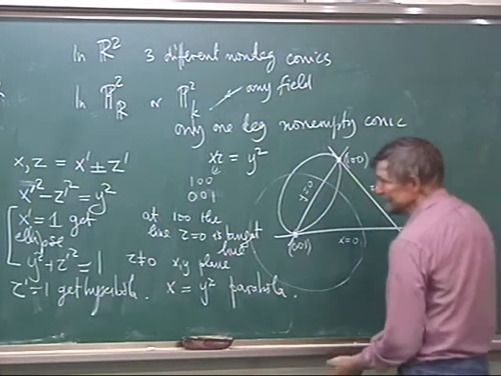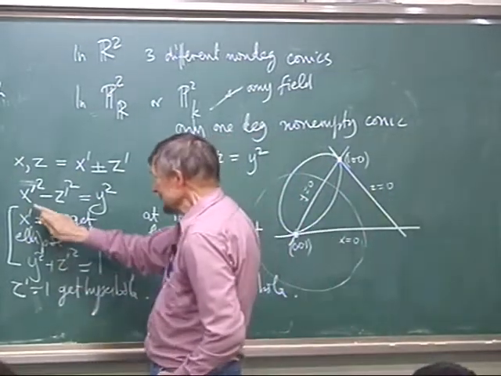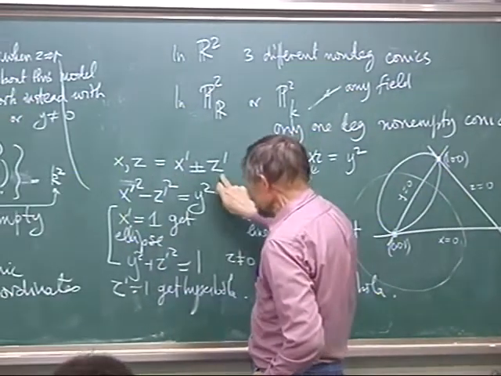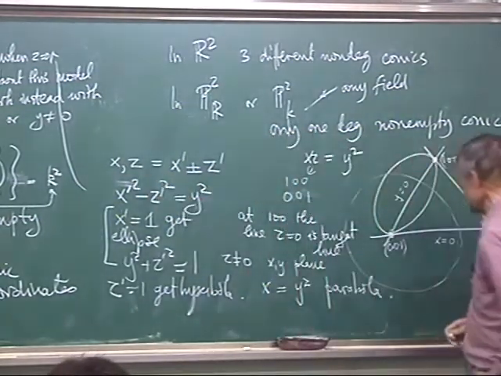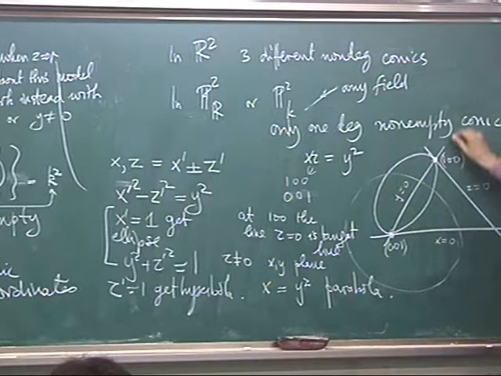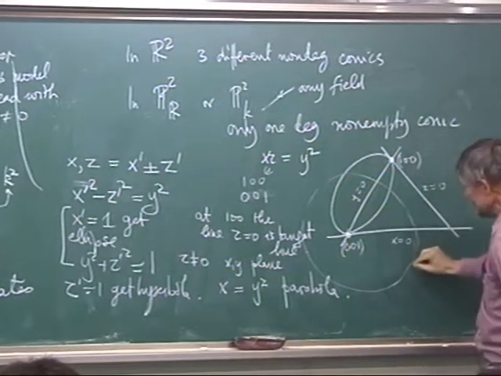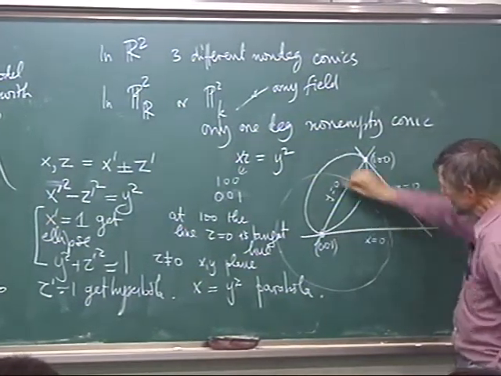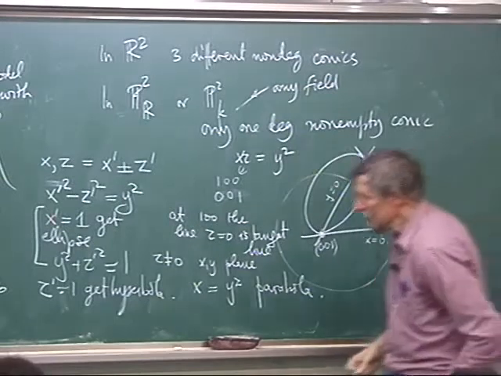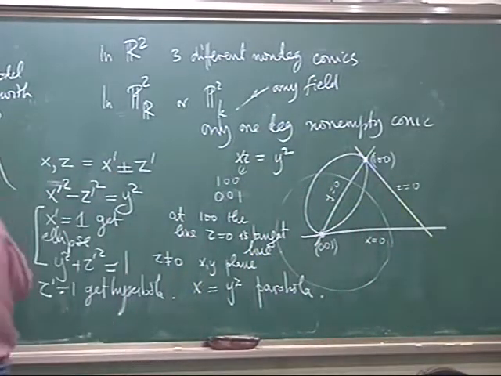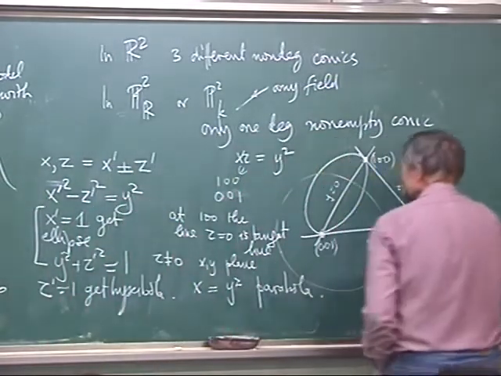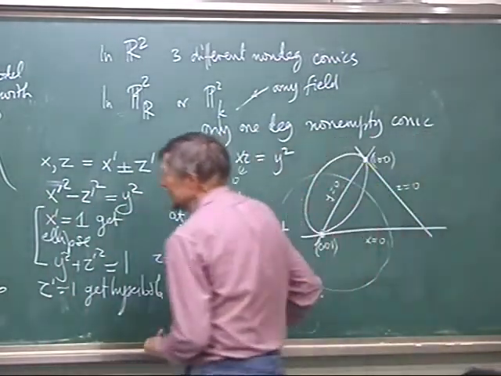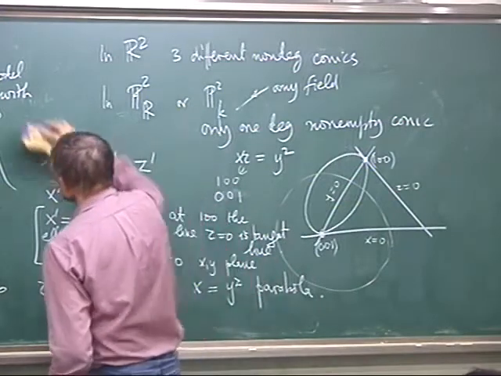If I set instead x equals z or z equals x, then I'm cutting like this and seeing an ellipse, or cutting like this and seeing a hyperbola. So what projective space is doing for us here is unifying the 3 different families of conics into just one single construction.